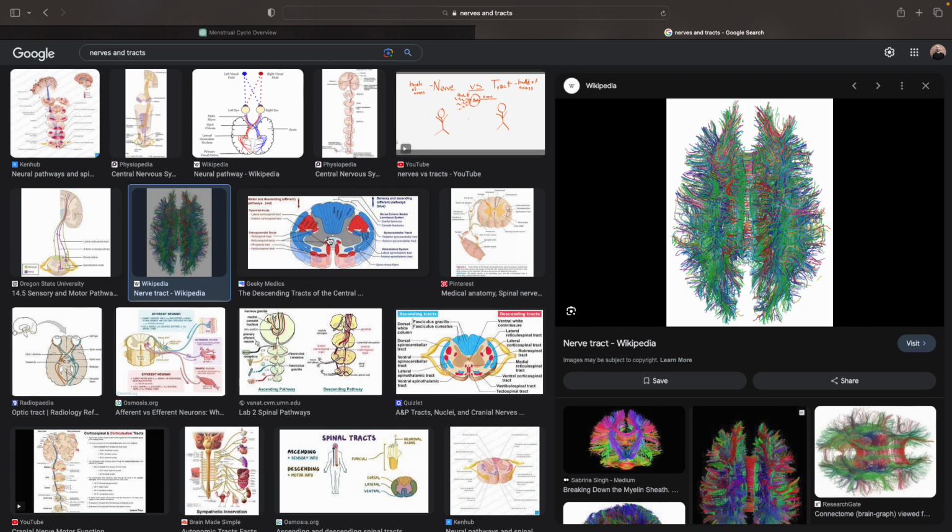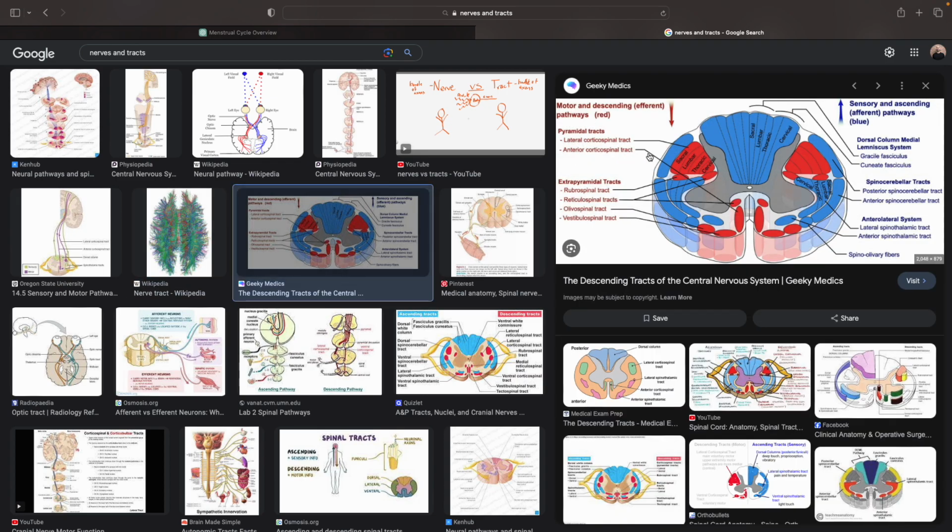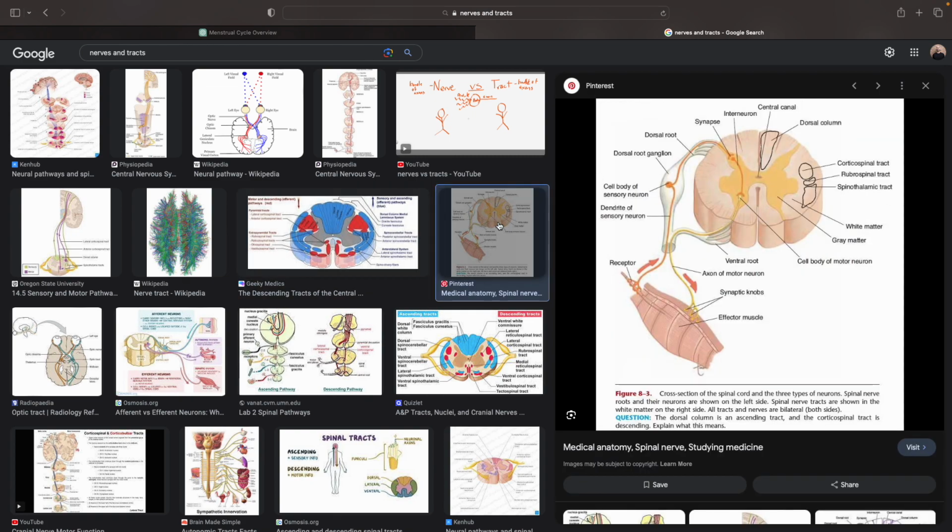I have no clue what this is. This is like your nerve tracts. What are we doing here? We have the pyramidal tracts. So I honestly need to download an anatomy book so that we get the perfect drawings and explanations for these.